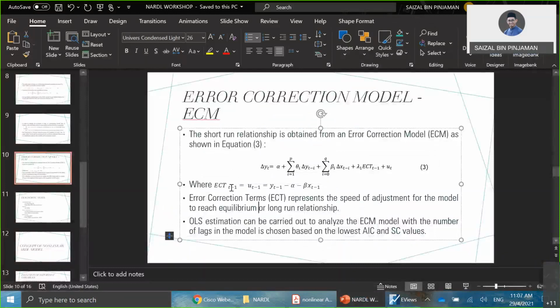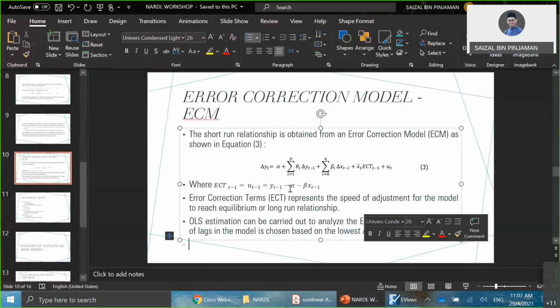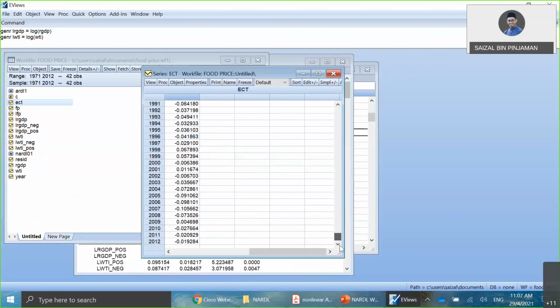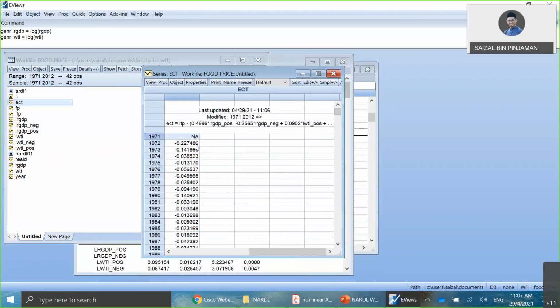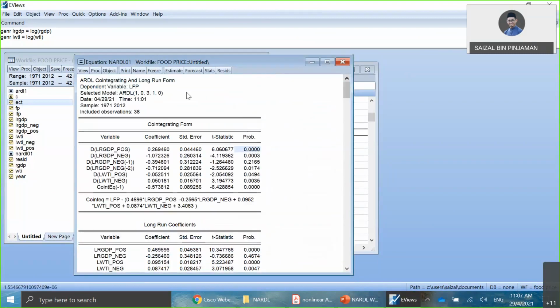If you look into this ECT, it records the lag values of the variables. So in the first observation, the value will be not available because it is based on the previous value. Since we don't have that, the ECT will start in the second period of time, in this case, 1972.